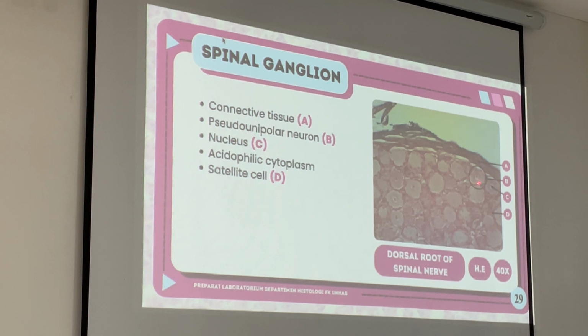The satellite cells are continuous, so there's no gap between one satellite cell and another. Only one space here, this small white area. That's the gap where the dendrite goes out from the perikaryon.